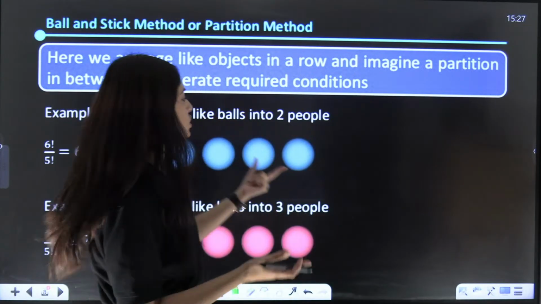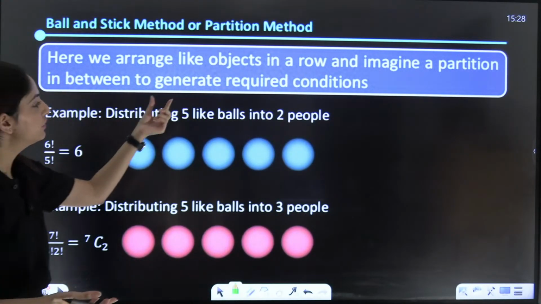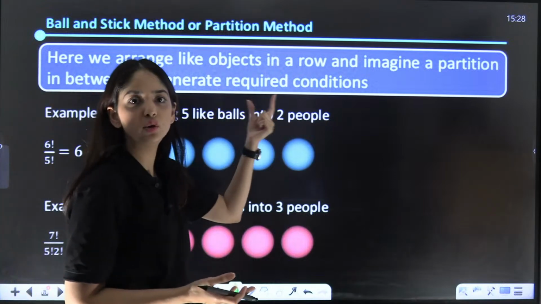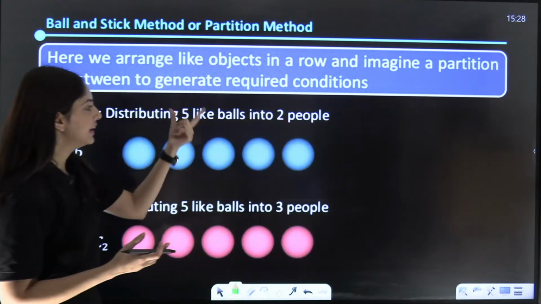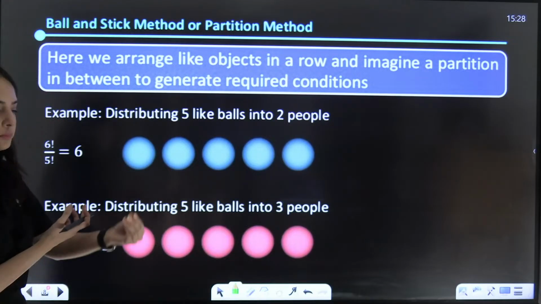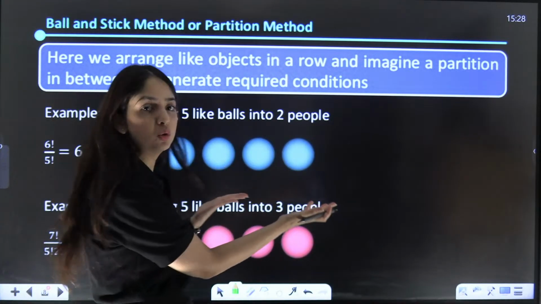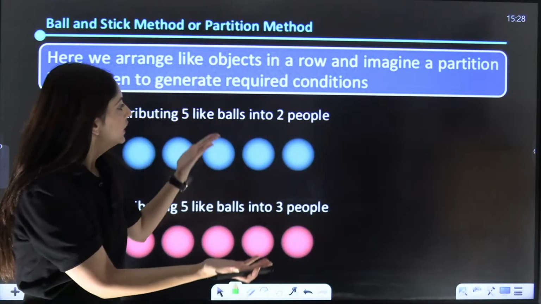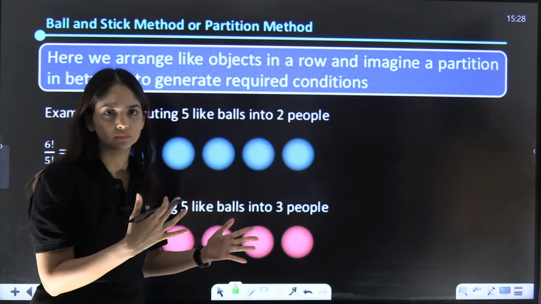Okay, so let's say we are distributing 5 like balls into 2 people. That means we have 5 identical, say, blue balls, and we have to distribute them among 2 people.